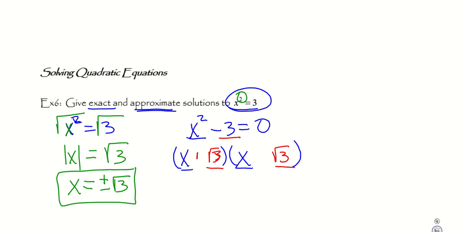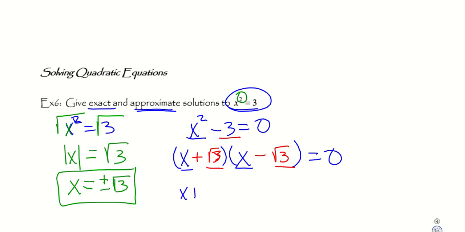And if I do that and make one of these binomials plus and the other one minus, then I create a difference of squares that if I multiply back together, I get x squared minus root 3 x plus root 3 x minus the square root of 3 times the square root of 3, which is minus 3. So that works. If I set that equal to 0, then my next step would be to set each factor equal to 0.